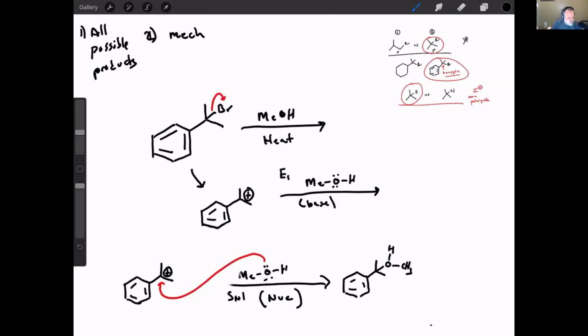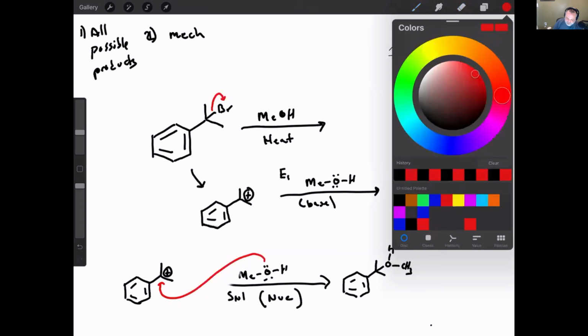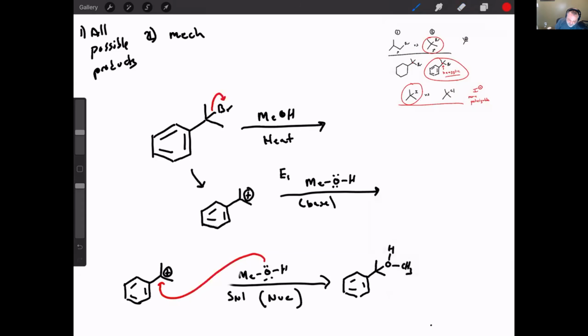Remember, Me is methyl. When it's acting as a base, it's going to have to do a proton transfer. In the elimination pathway, I'm done.